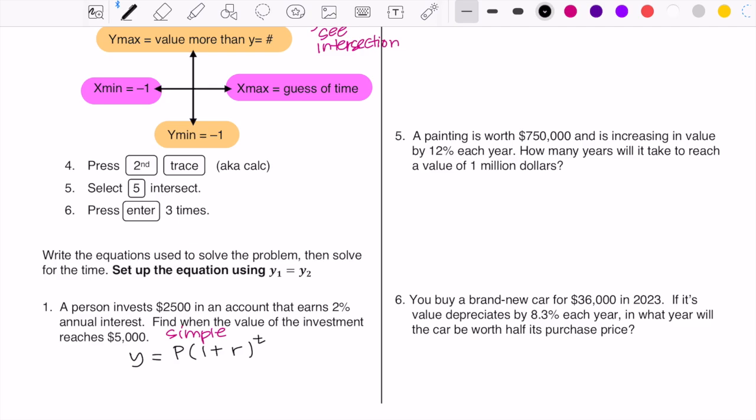Okay, and then I'm going to plug in. What goes over here is the 5,000 because that's the final amount. Your initial investment or your principal is 2,500, and then your rate, remember, we always convert to a decimal, so it's 0.02.